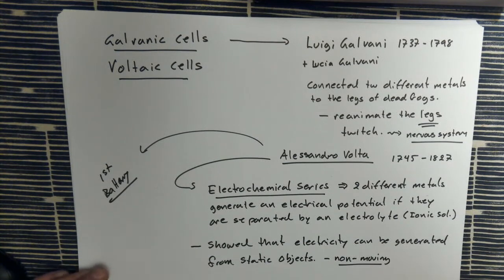At the time, this was really important because there had already been inventions where you could generate electricity by rotating. So there had been experiments with rotations where you generated electricity.